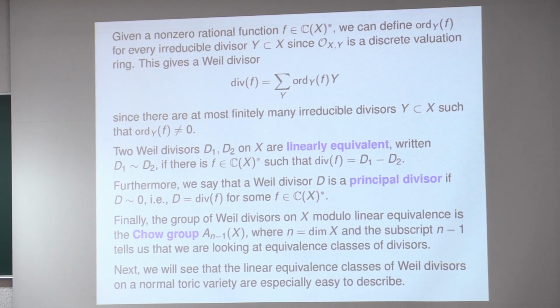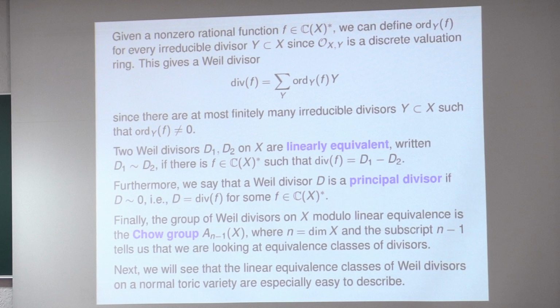This is the nice thing about normality: with normality it is easy to define the order of vanishing, or of the pole also, of this f along a codimension 1 subvariety Y. Because if you look at the local ring, it's a one-dimensional domain that is integrally closed and local, so you get a DVR over there.